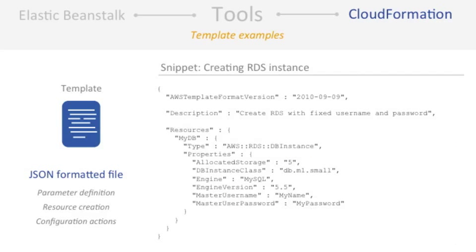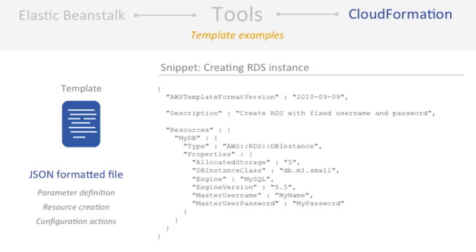You can then create resources. So here is an example of creating an RDS database. So we can see the resource section, and I'm calling the resource MyDB. So this RDS will be called MyDB as far as the stack is concerned. It's a type AWS RDS DB instance, which is a defined type, and you can find all of those types in our documentation. And I've set some initial properties here.